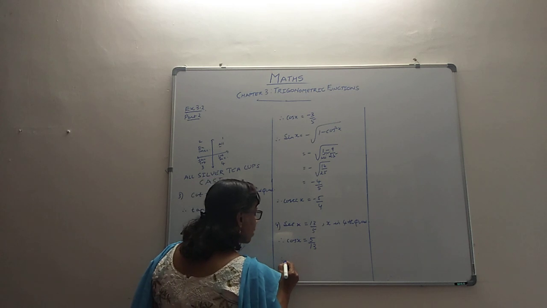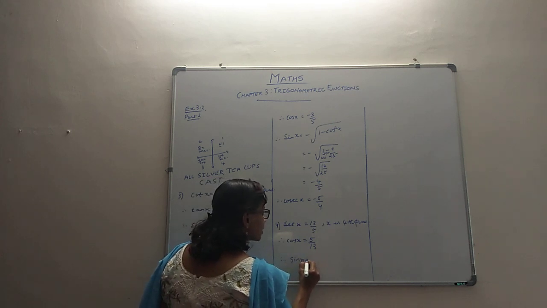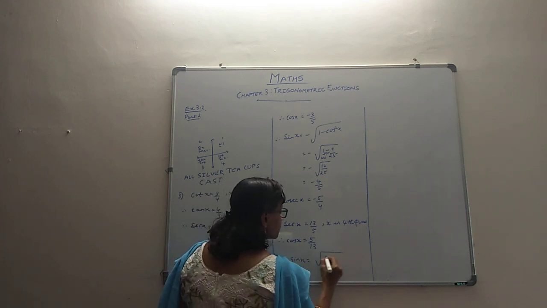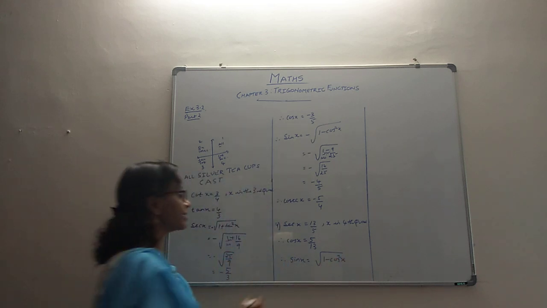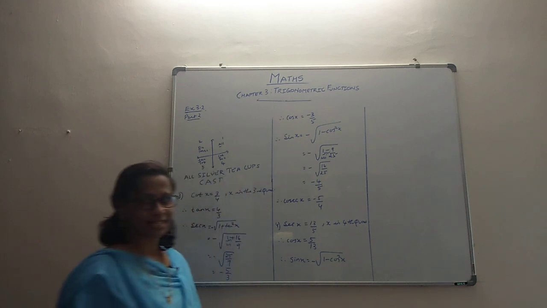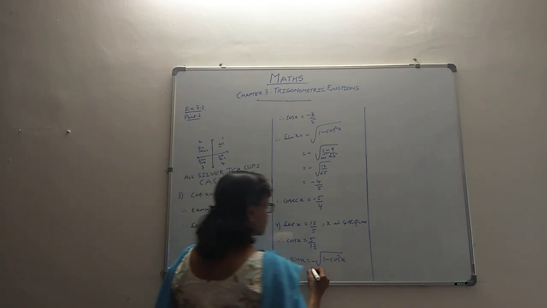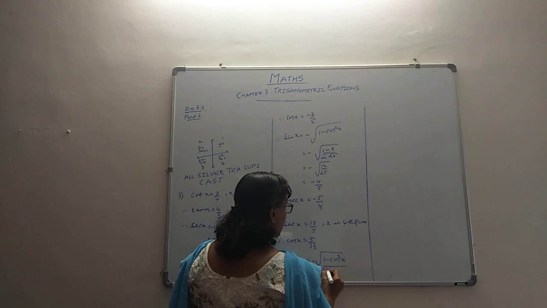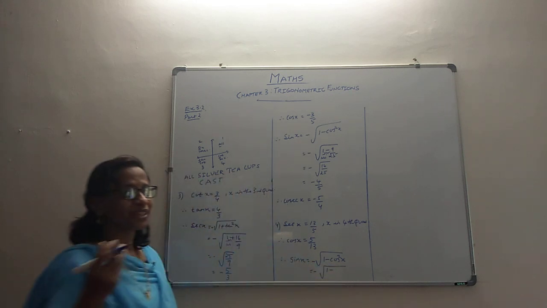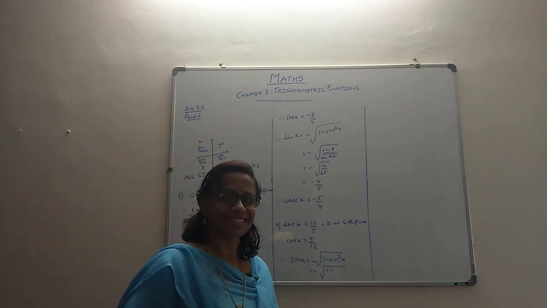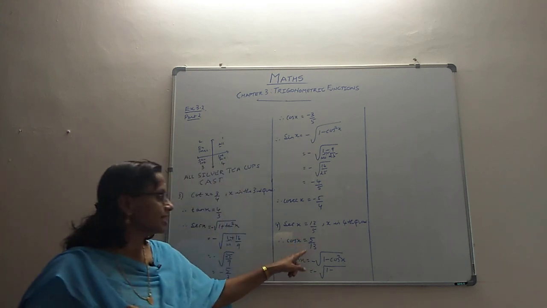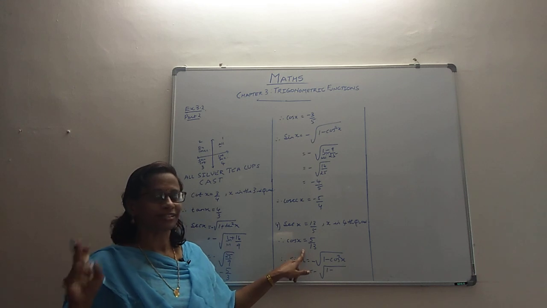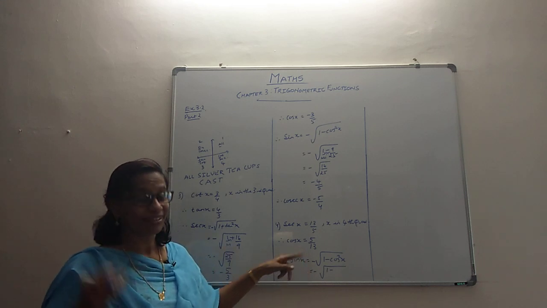The moment you've got cos, we're tempted to get sine, but because it is in the fourth quadrant, this will definitely take a minus sign. So we will find the negative of this. So it's minus root of 1 minus cos squared x. If you were a little aware of the triplet, this answer will be direct. 5, 12, 13 is a triplet. So if 5 by 13 is coming in cos, 12 by 13 will come in sine. We can have it that way.